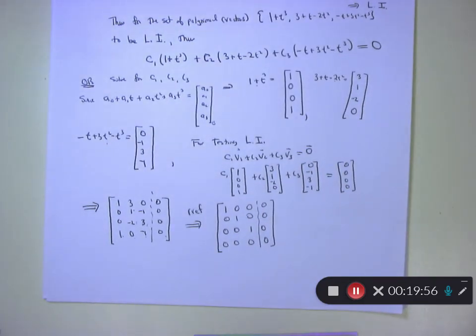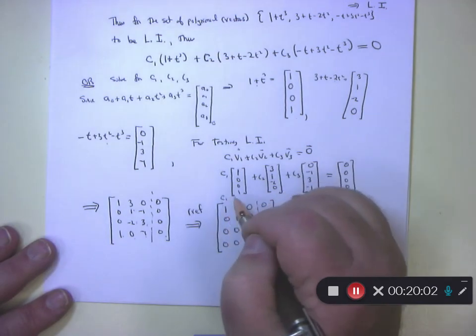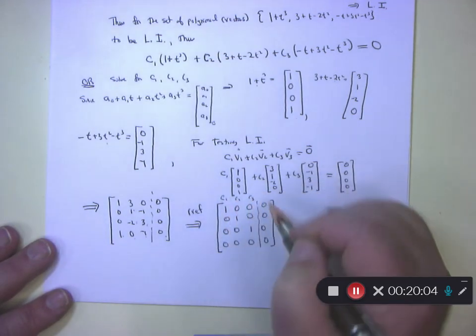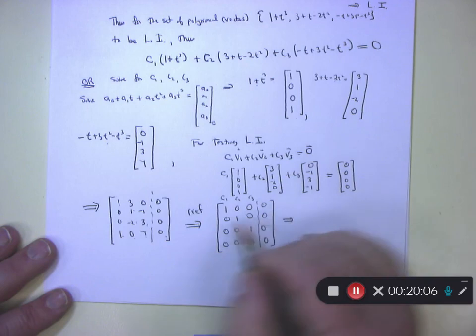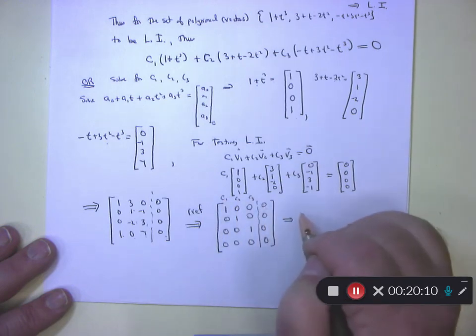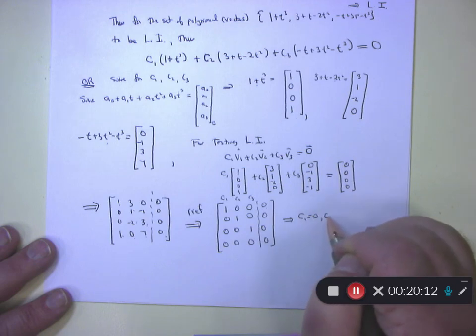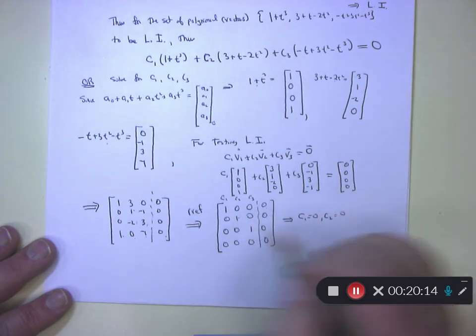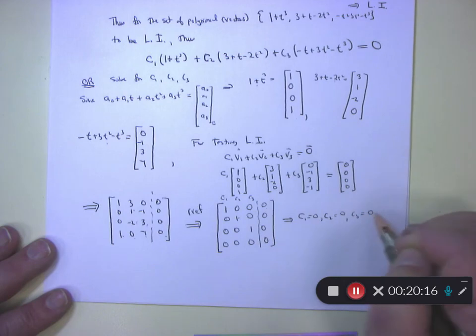Does that make sense? What does it mean? Remember, these represent your C's, C1, C2, and C3, augmented to 0. So 1 C1 plus 0 C2 plus 0 C3 equals 0. That means C1 equals 0, C2 equals 0, and C3 equals 0.